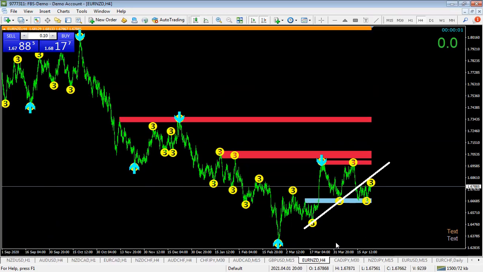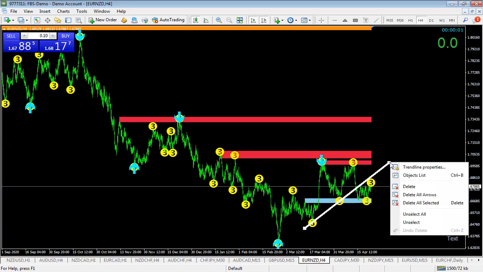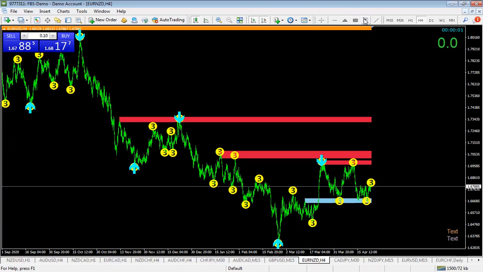But I really don't trade these slanted head and shoulders. Here, you can trade this down after the market breaks through this.